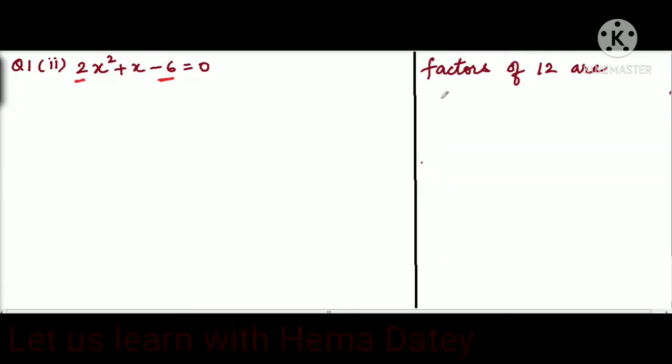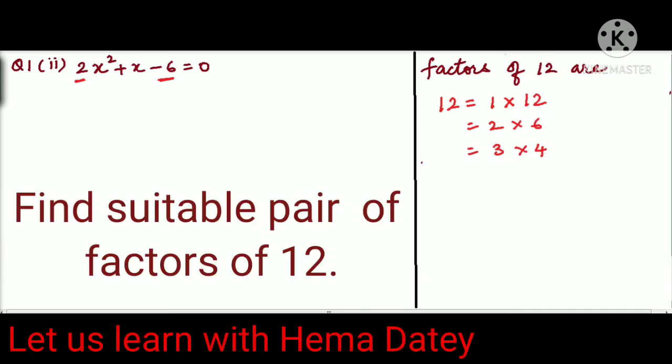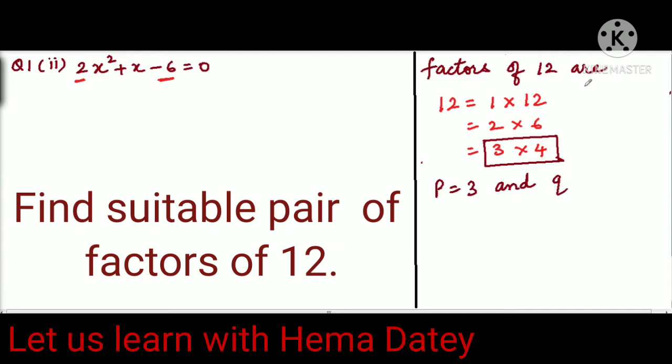Now we'll find factors of 12. The factors of 12 are 1 and 12, 2 and 6, and 3 and 4. The suitable factors of 12 are 3 and 4. Here p is equal to 3 and q is equal to 4.